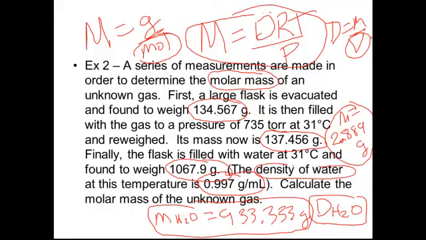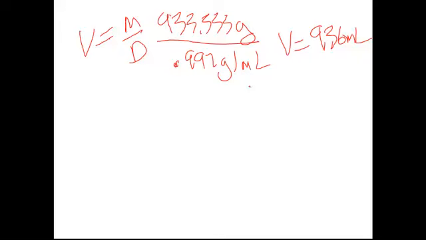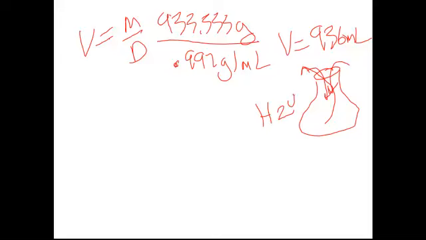Because it's in the same container as the gas was. The flask was empty. They put some gas in it. Then they let the gas out. They put some water in there. If we filled this flask with gas, reweighed it, took the gas out and put water in, it's the same flask.